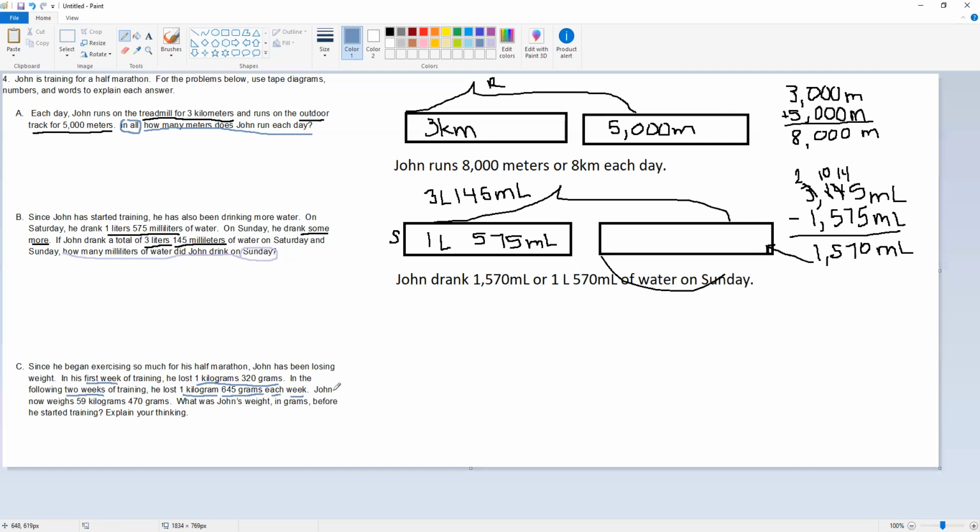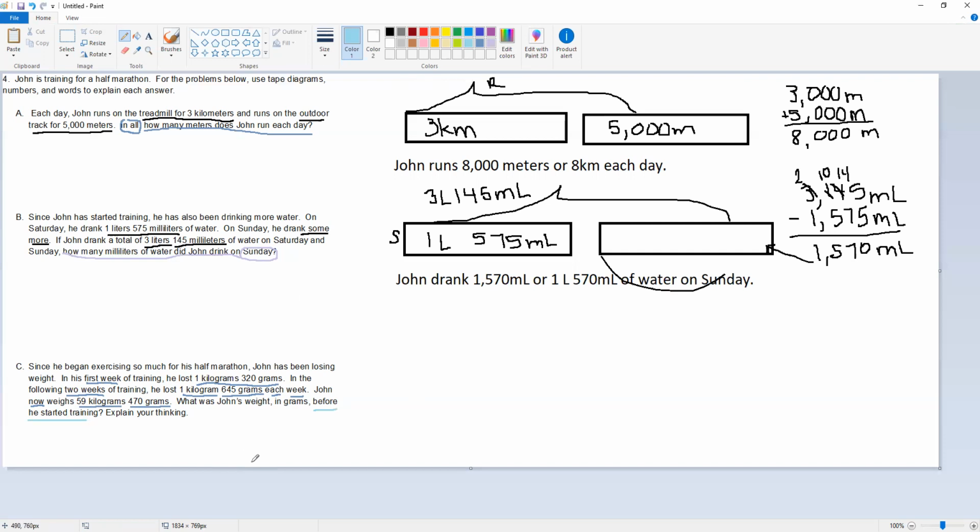Okay. And then John now weighs 59 kilograms, 470 grams. So we know his total weight right now. Okay, and then we need to figure out what are they asking us to do? What was John's weight in grams before he started training? And then we have to explain our thinking.